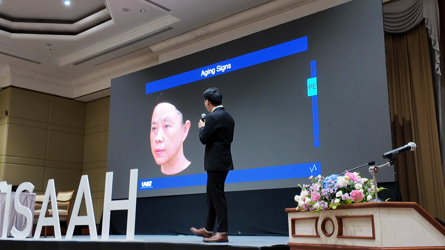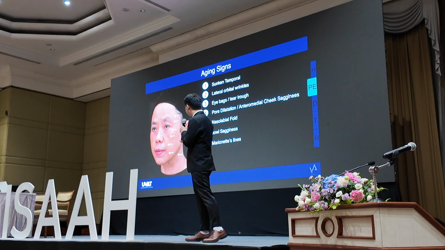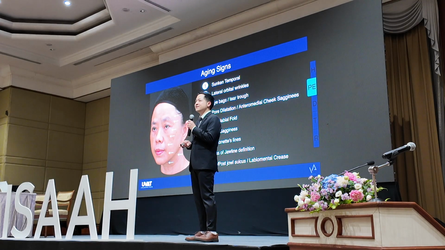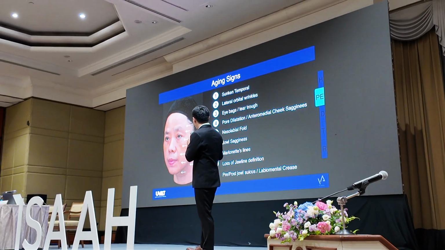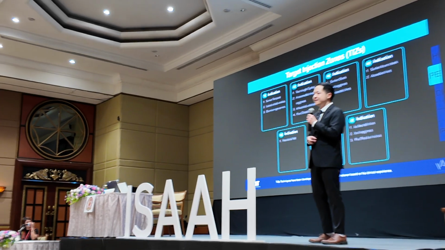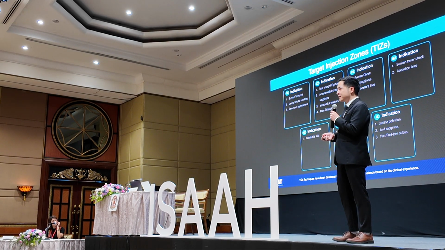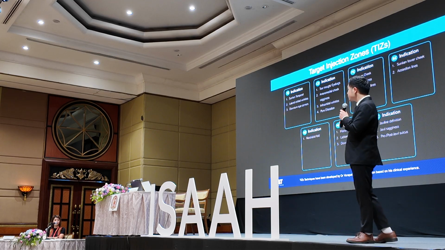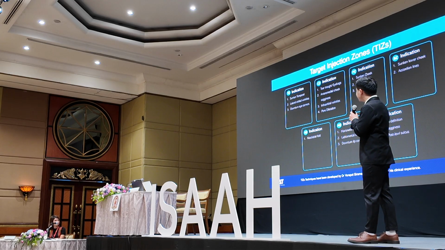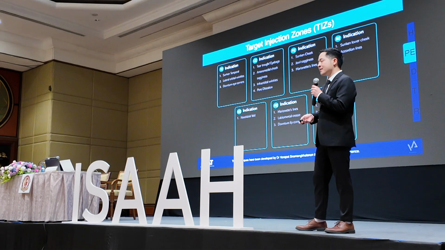And these are all of the aging signs that I see in this patient. She has 9 signs. After we have the aging signs, we start to make a diagnosis from them. These are all the indications for which we can use the target injection zones to treat the patient.